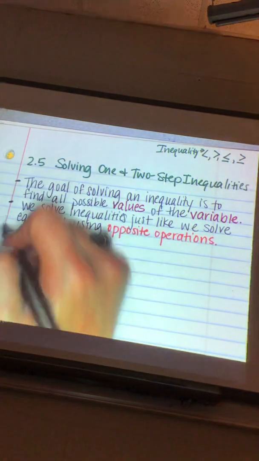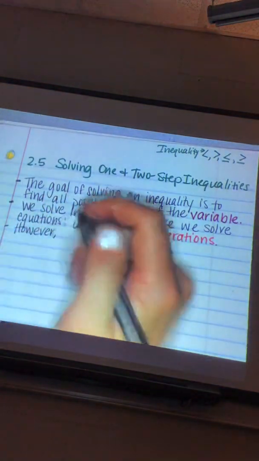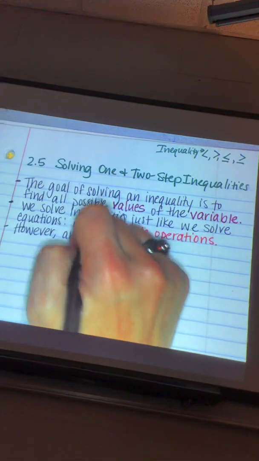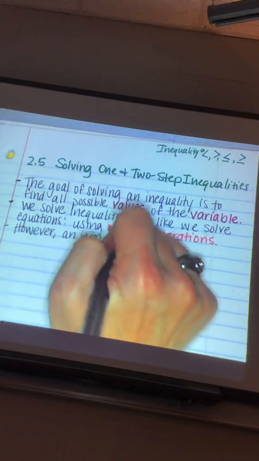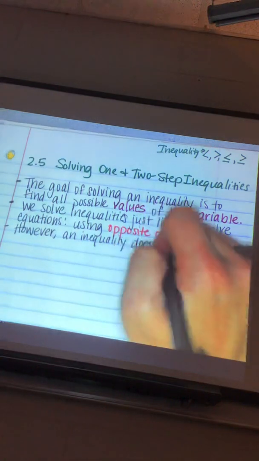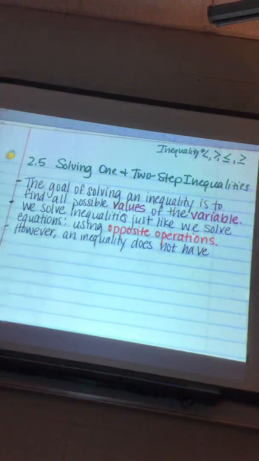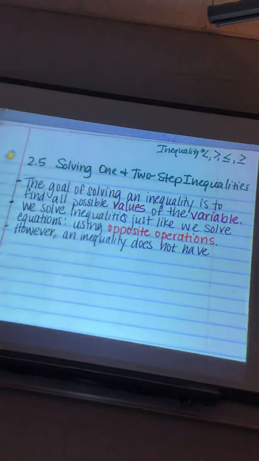However, an inequality does not have one solution.